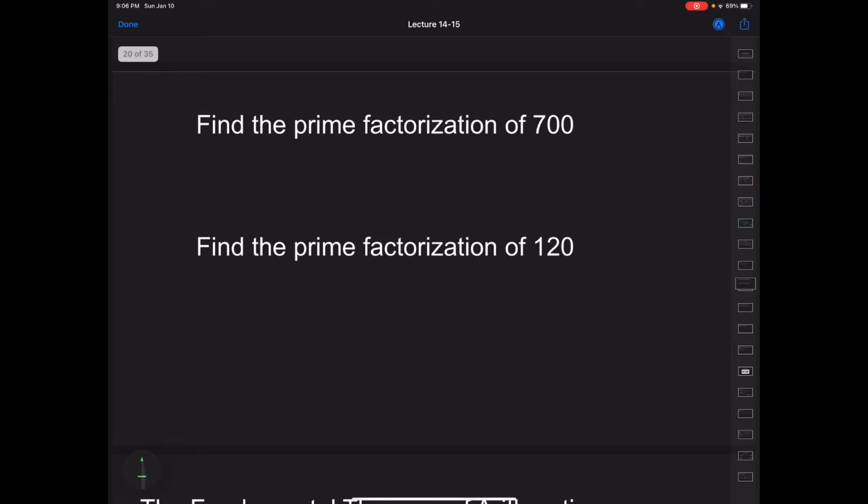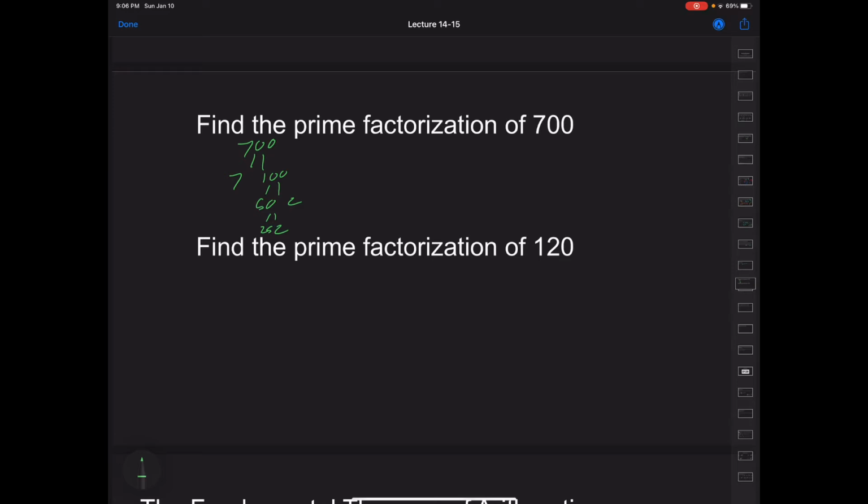So, I'm going to remind you for a second how to take the prime factorization of something because it's important to know. If I have 700, I could start with 7 and 100, then I could drop that down to 50 and 2, and then that's 25 and 2. That's pretty quick.